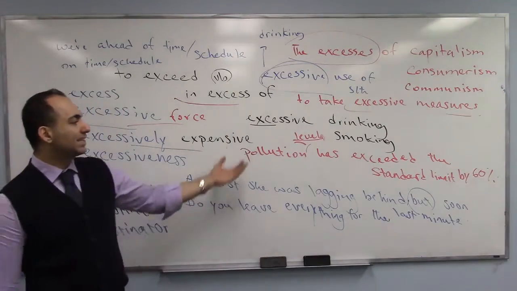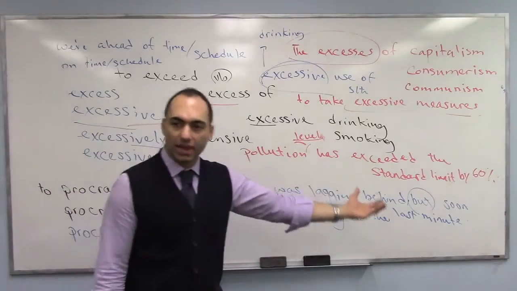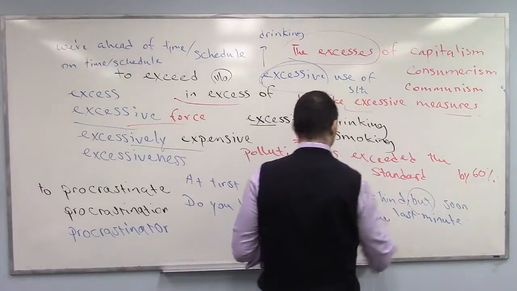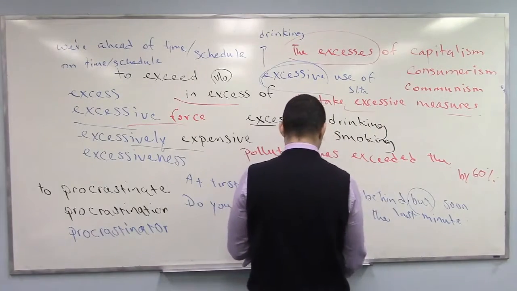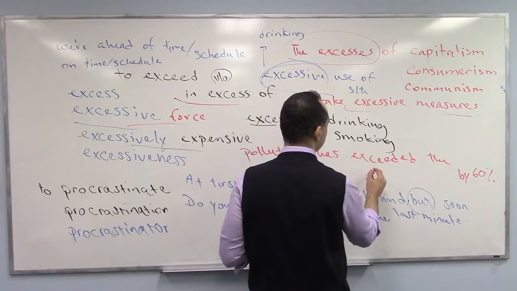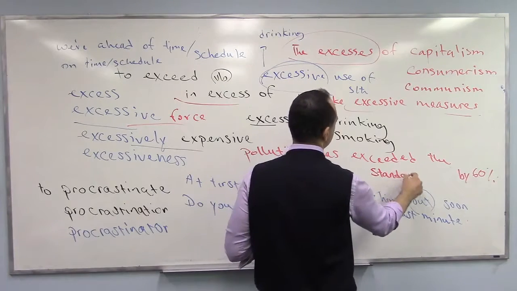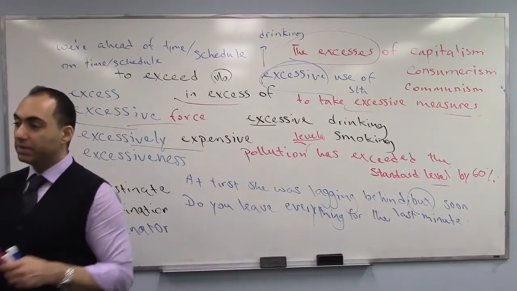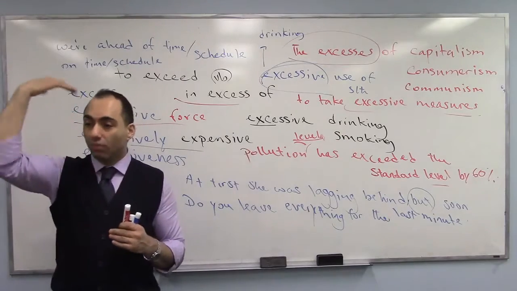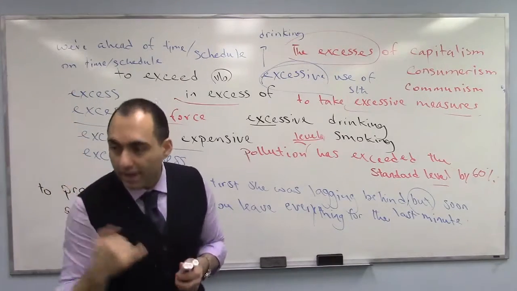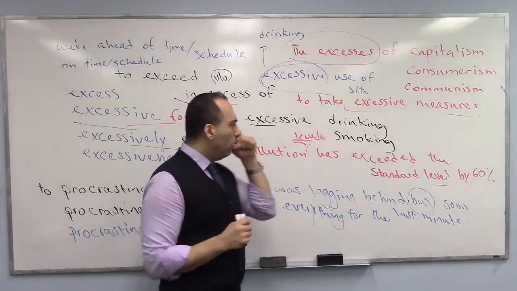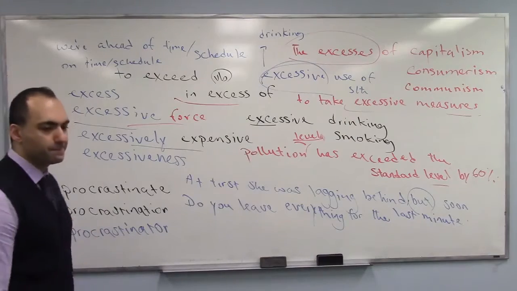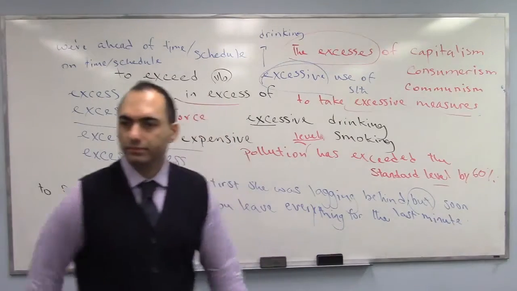If we say pollution has exceeded the standard level by 60%, it means pollution is 60% more than the standard level. Correct?